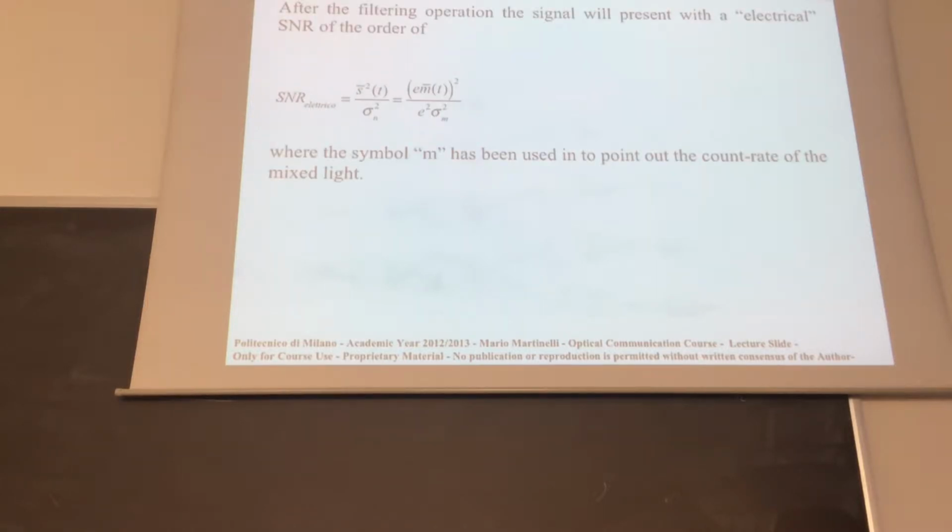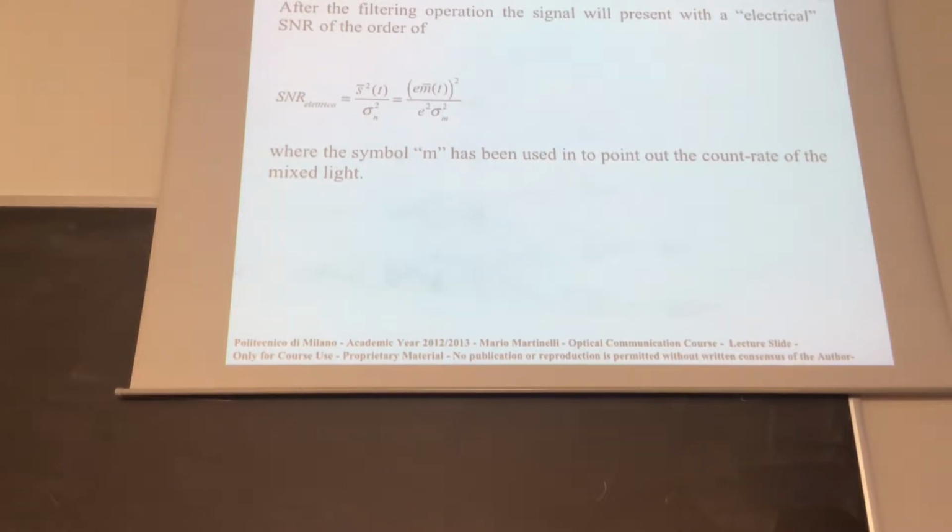Now finally we arrive at the signal to noise ratio. In electrical, the signal to noise ratio is the average of S squared divided by the variance. Or in other terms, if I consider the count rate, it is the variance of the count rate times E squared, over E squared times the average of the count rate. And now we assume that we don't know whether there was an amplifier or not.